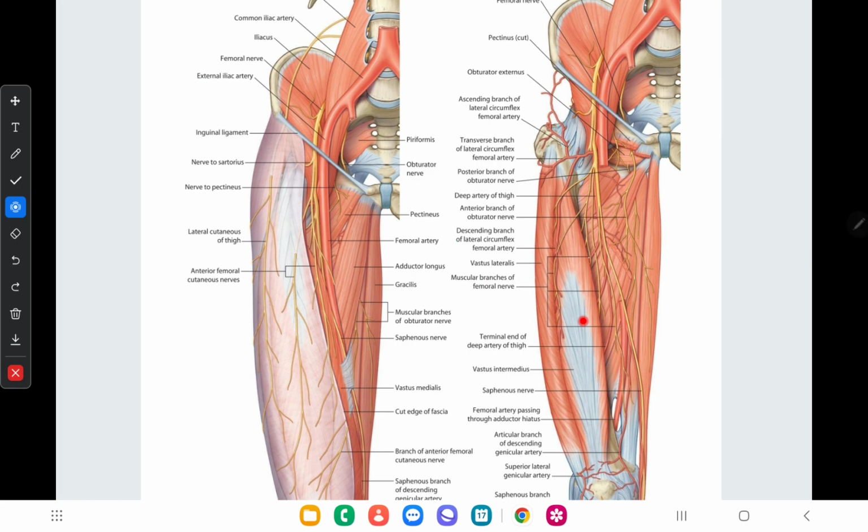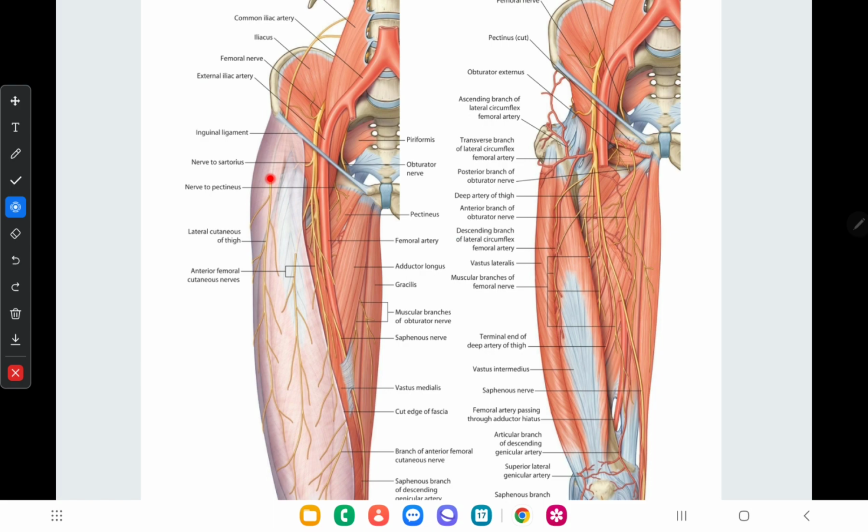When we talk about the two branches, the anterior division gives off two cutaneous branches and two muscular branches. The two cutaneous branches are the medial cutaneous nerve of the thigh and the intermediate cutaneous nerve of the thigh. You know the lateral cutaneous nerve of the thigh is a branch of the lumbar plexus.